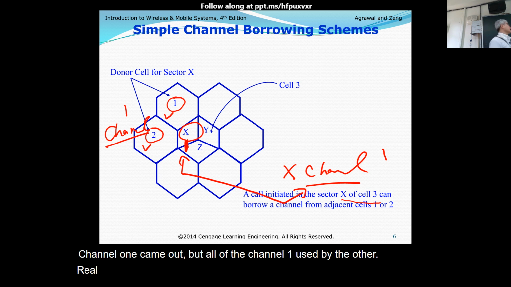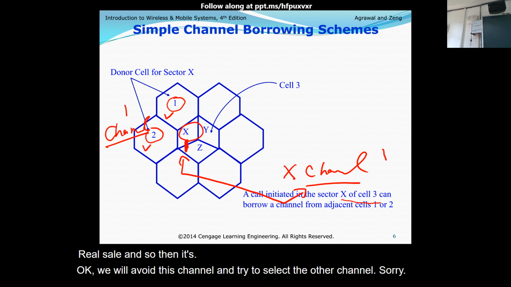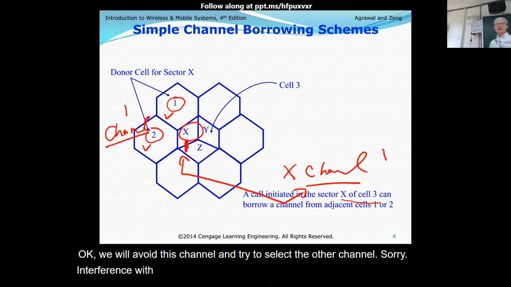If so, it's possible to have interference, so we avoid this channel and try to select another channel, so that the current one won't interfere with the ongoing calls using that channel. So this is the idea for channel borrowing.